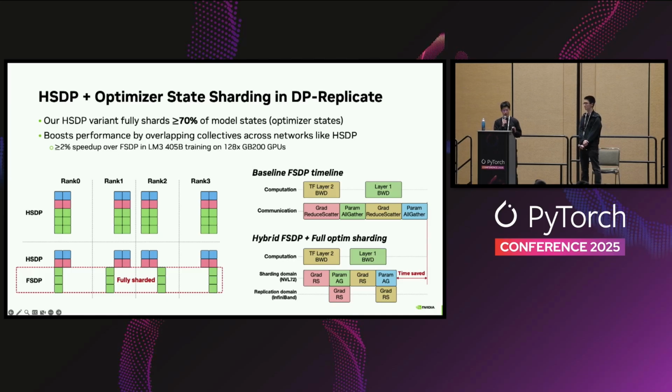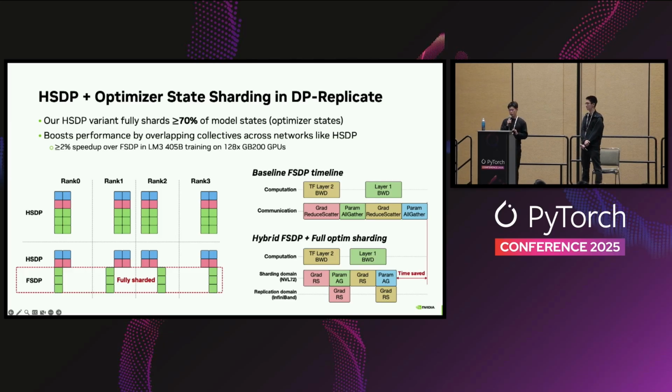This applies the full sharding to 70% or even more of your model states, which can give you more scalable memory saving at large-scale training. The good thing is that there's no perf loss in doing so. It's just more memory saving, but there's nothing you lose.